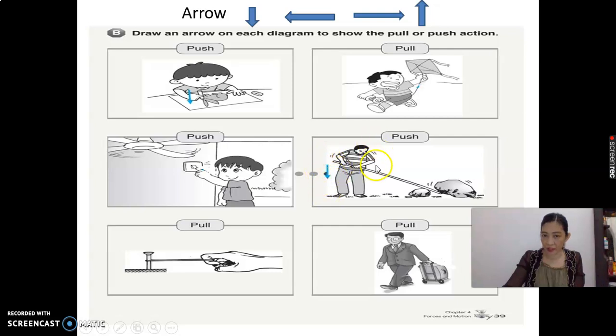This is the arrow. Number 5. Where is the arrow? And number 6. Where is the arrow? Draw the arrow.